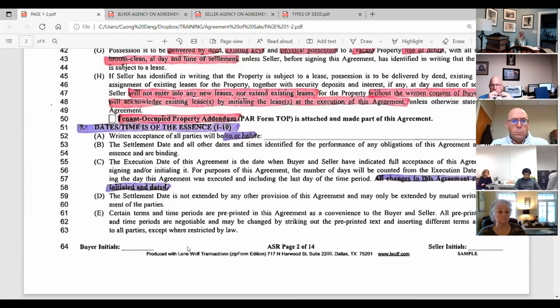And you turn in the deposit money, the seller accepts it by depositing it into the listing agent's escrow account. So you're going through the deal, and then all of a sudden the buyer says, well, I want to back out because we didn't accept it by that date. The seller didn't accept by that date. Can they back out?